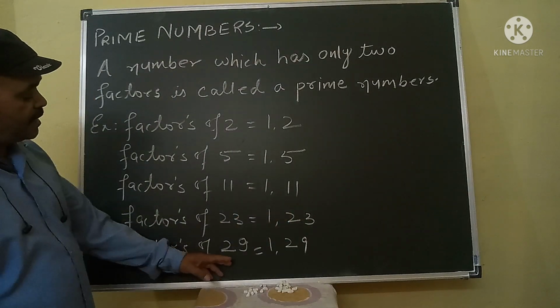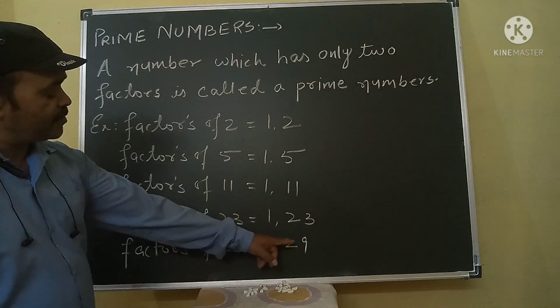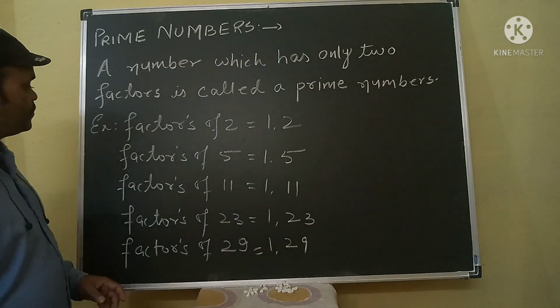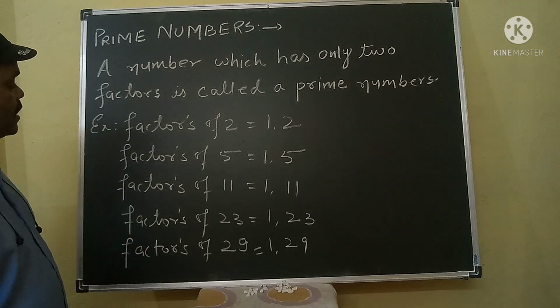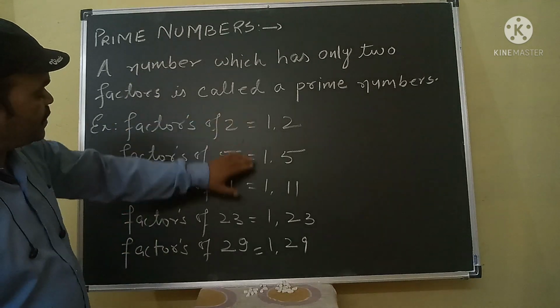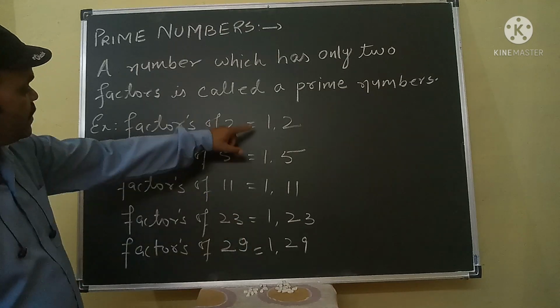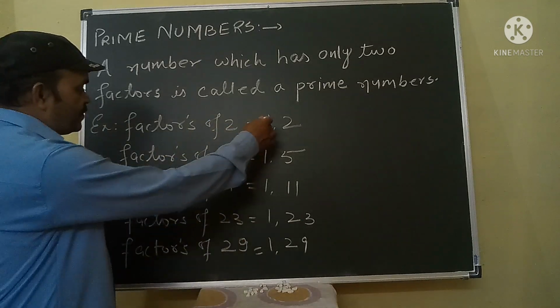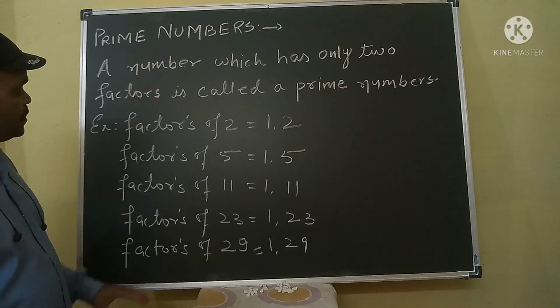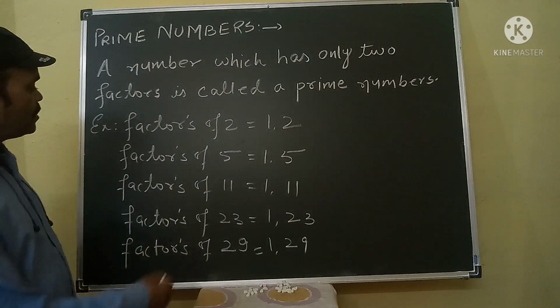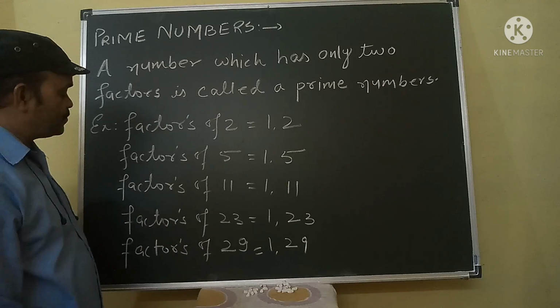Factors of 29 are 1 and 29. So in all these examples, what you are seeing is that the first factor is 1 and the second factor is itself. Okay. So these types of numbers are called prime numbers.